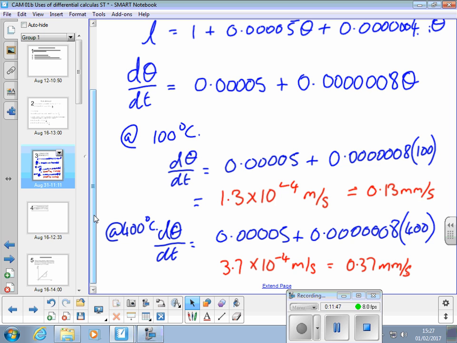Every 3 seconds, it's going to be a millimeter longer, at 400 degrees C. Yep. All right. So, rates of change. Everybody happy with that?